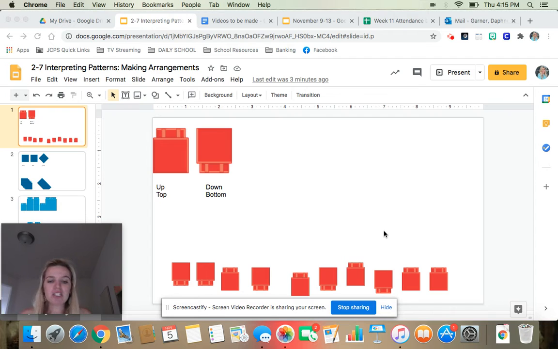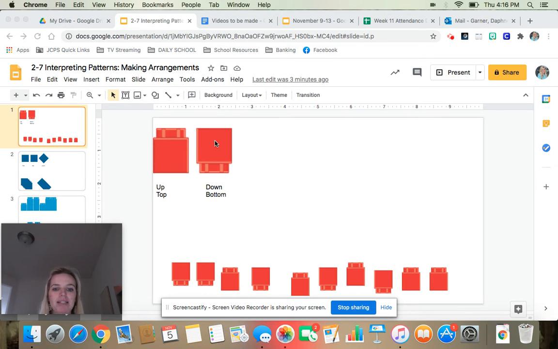For my first pattern right here, we could point the cubes up and down like this and make a pattern. So we have up, down. We see that they are both red, but we start with the top of the cube pointing up and then the cube pointing down. So we could continue our pattern.